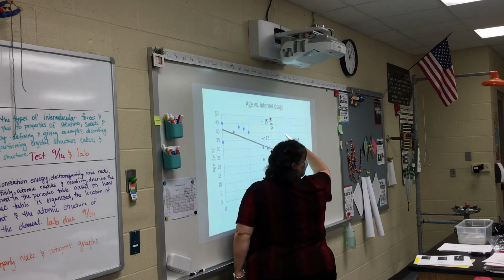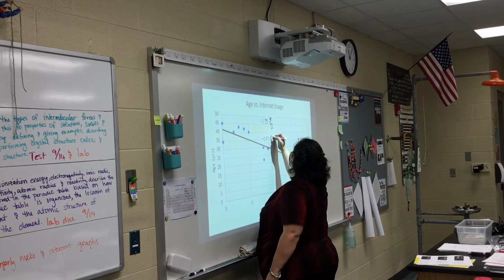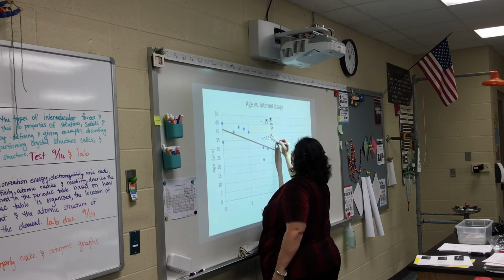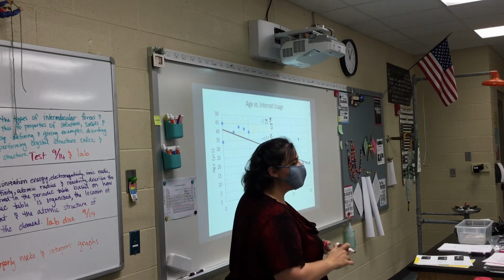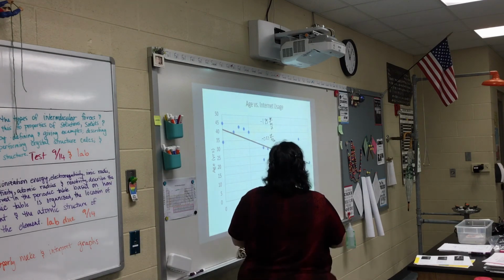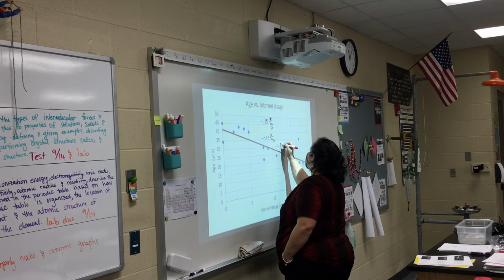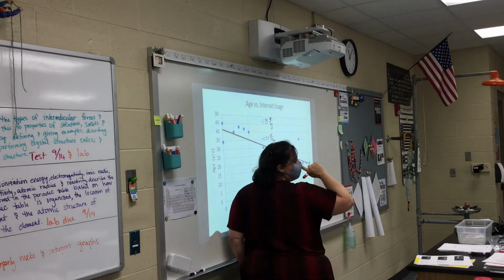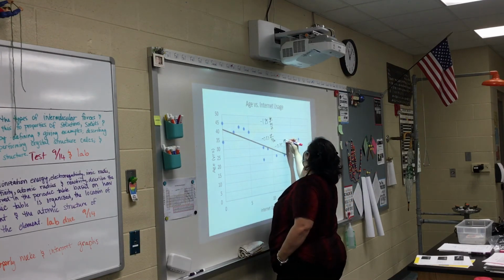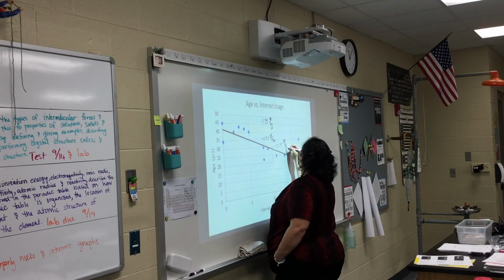Same units, different? Same units. Years over hours per week. Okay, Ethan? I got -0.75. Negative 0.75. Same units or different? Same units. Years, hours per week.